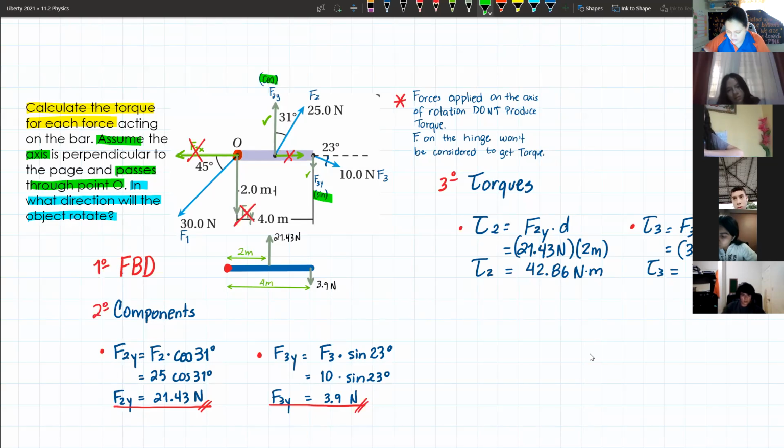Now you indicate the rotation of the torque. Is the rotation positive or negative? Positive, and positive rotation is counterclockwise. The torque 3, positive or negative rotation? Negative. Negative rotation or clockwise. Now that you have the torques, you have to get the net torque. That is just adding them, okay, or subtracting them.